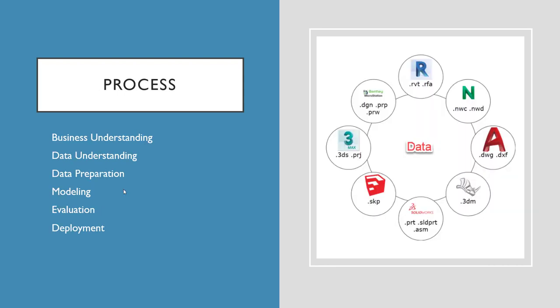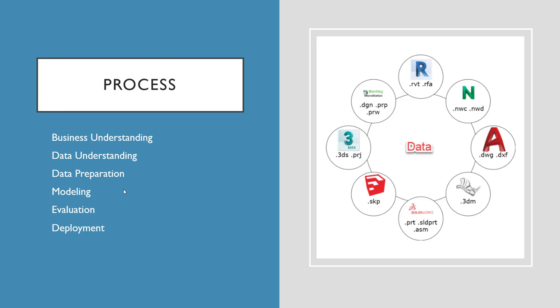So process, we're going to look at the business understanding. And that's going to be the practical side of this. Is this something usable? Is this something that is scalable and makes sense for us to leverage? Data understanding, data preparation. We need to understand the data itself, work with it, really try to look at the different categories and things like that.